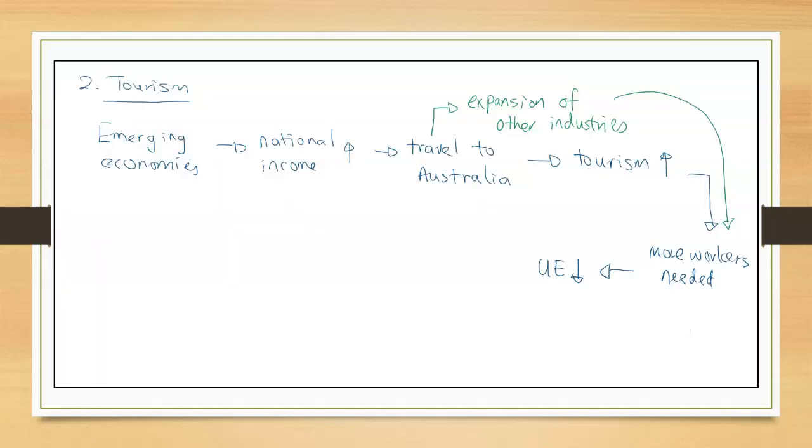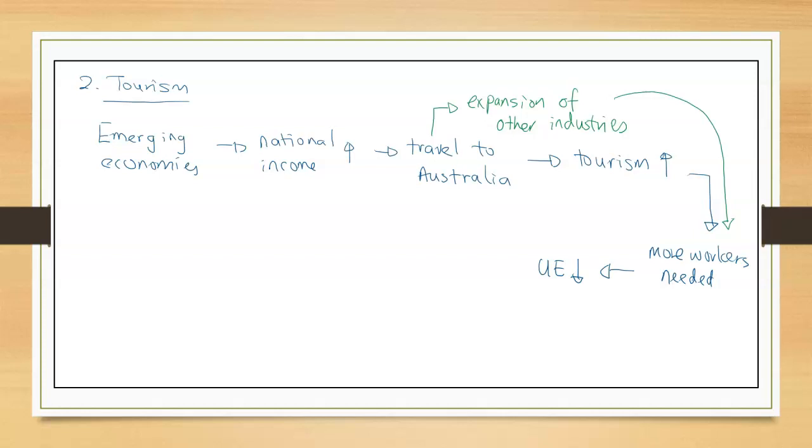Now the second link that we mentioned in the beginning of this video is tourism. In this case, we are looking at, again, emerging economies being Australia's trading partners. They have more household income available, and they have more national income.